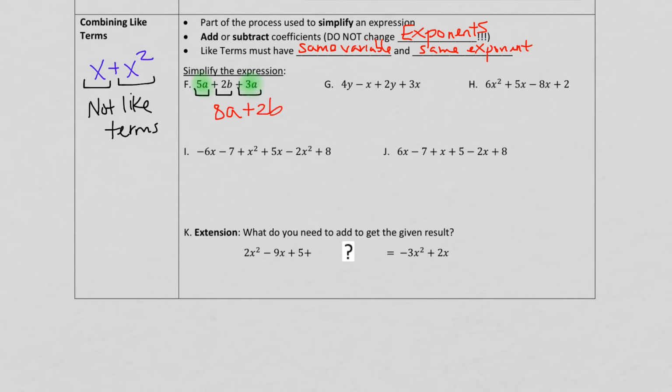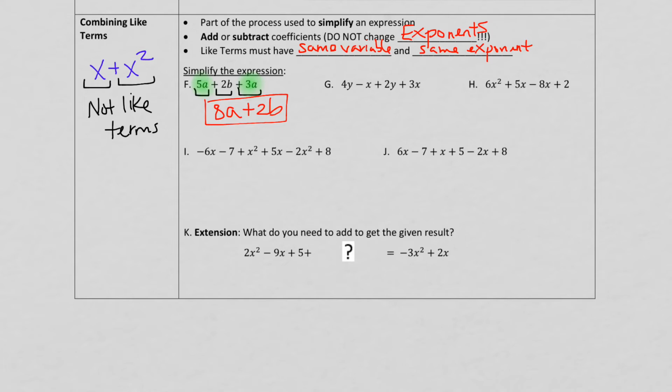At this point, I've combined 5a and 3a to make 8a. Can I combine 8a plus 2b? Are a and b the same variable? And because they're not, then at this point, I'm done. This is my answer. Remember that this is not solving, this is simplifying. So you're trying to make it as small as possible until you can't go any smaller.